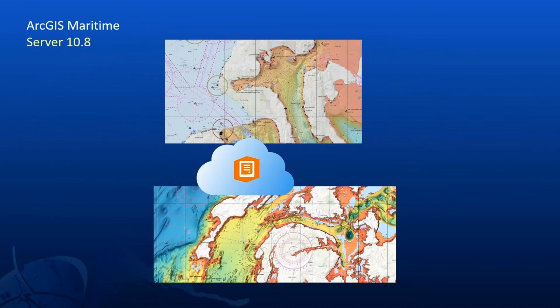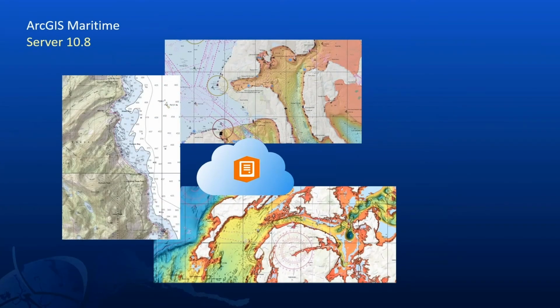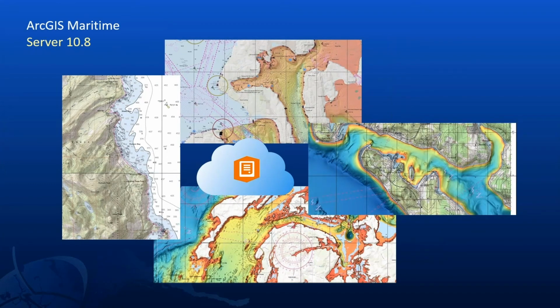In February of this year, with the release of 10.8, we introduced the ability to customize the content of your Products on Demand chart. We did this through this new Add Data functionality. You can add data from ArcGIS Online, you can sign into your own organizational account, and you can even add data from disk to the web map.